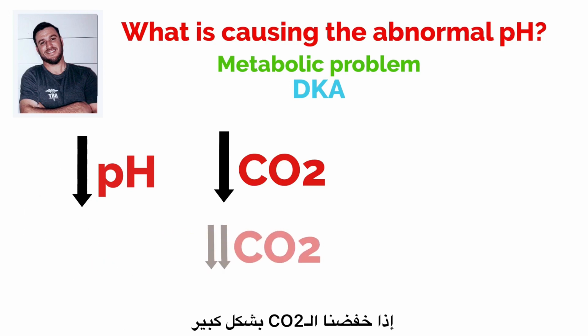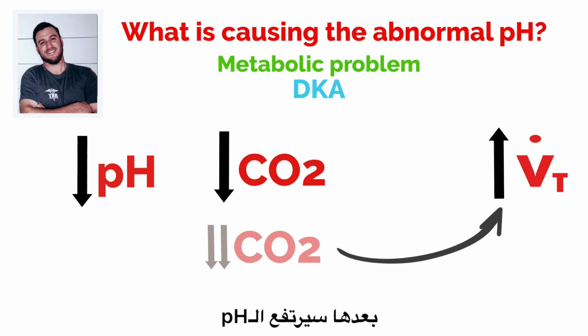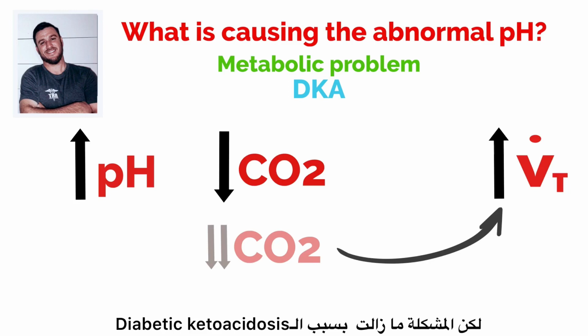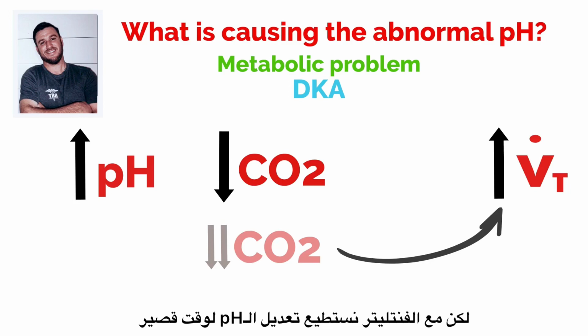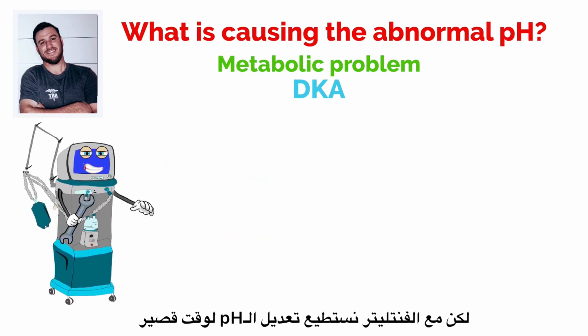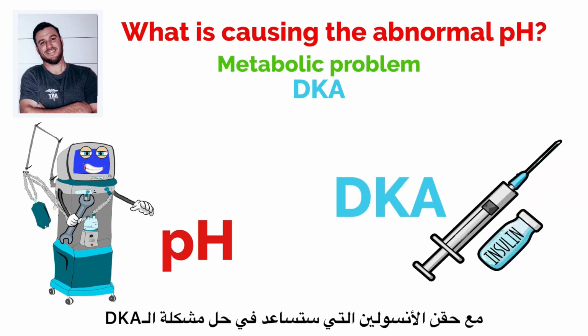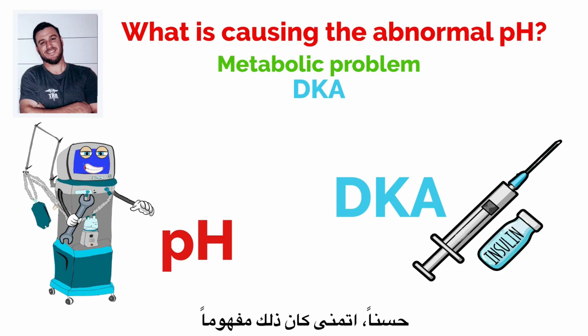If we blow our CO2 down by increasing minute ventilation, then our pH will come up. The problem is still the diabetic ketoacidosis. But with the mechanical ventilator, we can help fix the pH in the short term while insulin is given to help correct the DKA. Okay? So I hope that makes sense.